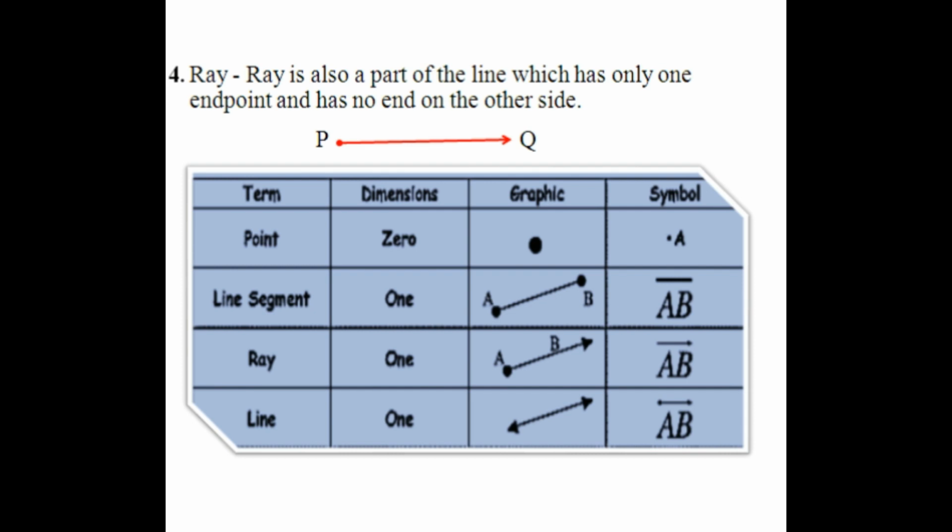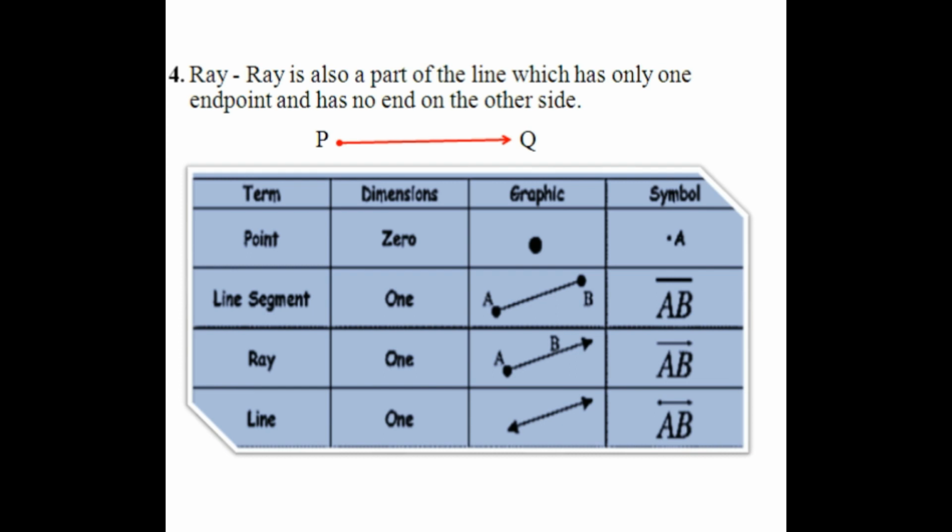Next you come to line segment. One dimension. Two dots, then you join. That is AB, and the symbol is AB with a bar. No direction.